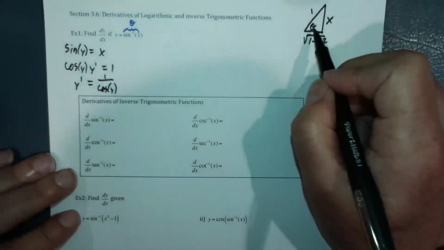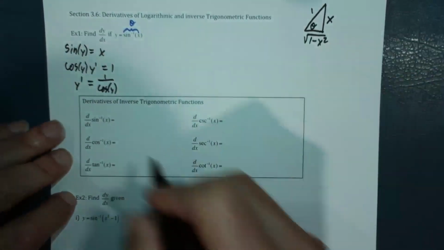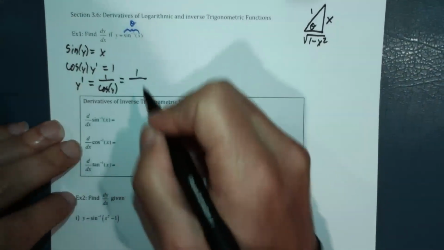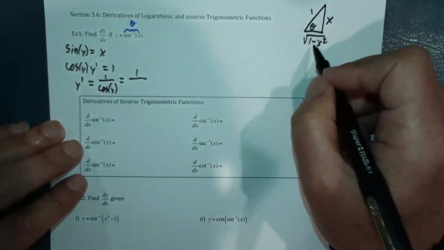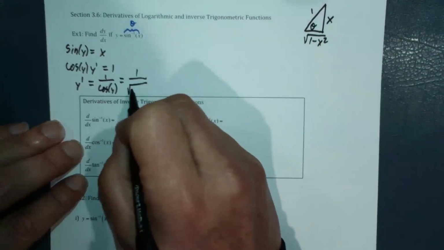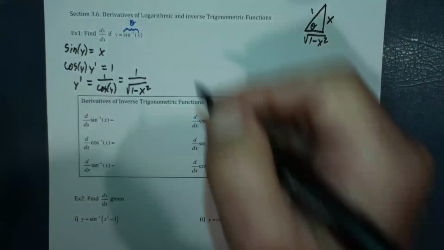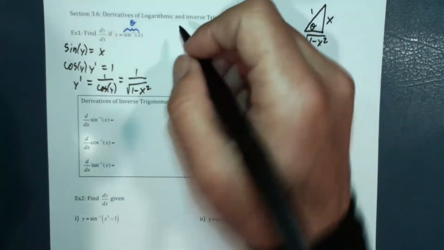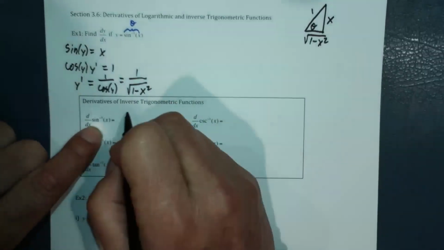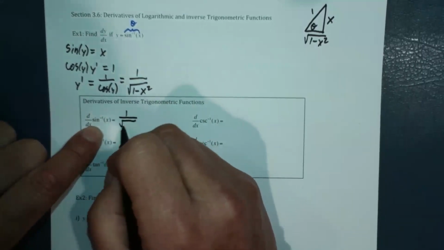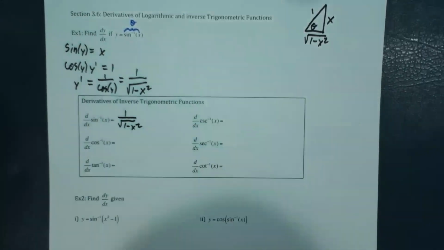So now we can do the cosine of this. This is going to be 1 over the cosine, which is the adjacent over the hypotenuse. So in other words, the derivative of this is going to be 1 over the square root of 1 minus x squared.